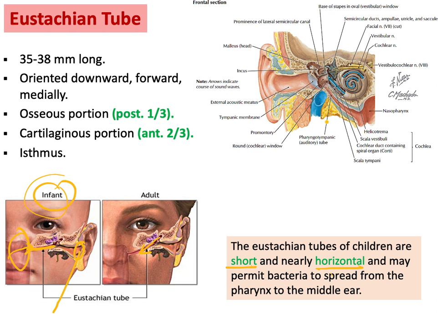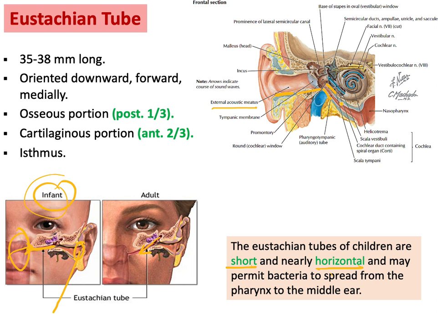Now, if you look at the canal, I would remind you of the external acoustic meatus: you remember the outer third was cartilaginous, while the internal two-thirds is bony. Now, this bony part continues with the pharyngotympanic tube, in which the posterior one-third is bony, a continuation of the external acoustic meatus.